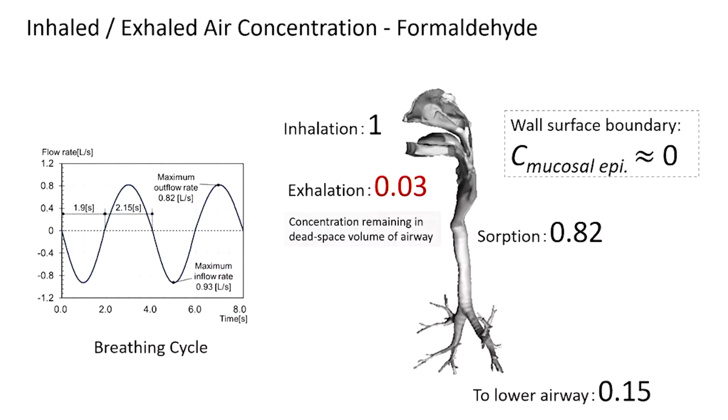For the total amount of inhaled formaldehyde, in this case, 82% of inhaled formaldehyde is estimated to be adsorbed on the inner wall surfaces of the respiratory tract, and 50% goes to the lower part of the airway, and 3% of inhaled formaldehyde is estimated to be exhaled to the indoor environments. This means this 3% of inhaled formaldehyde will become a new emission source of indoor air pollution.